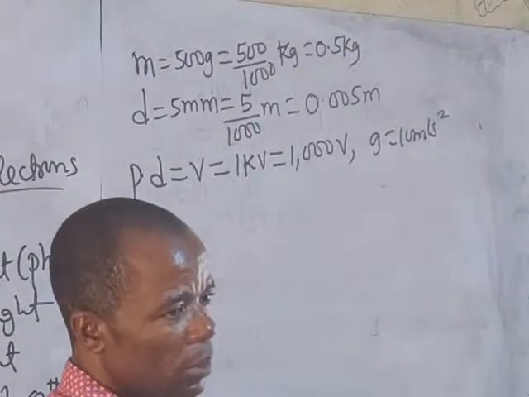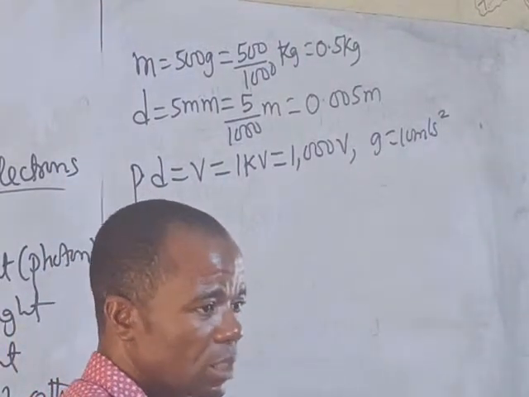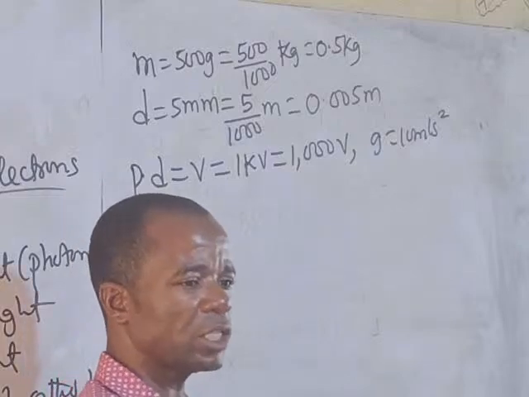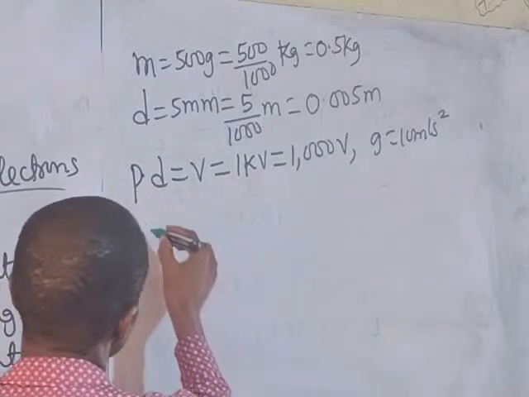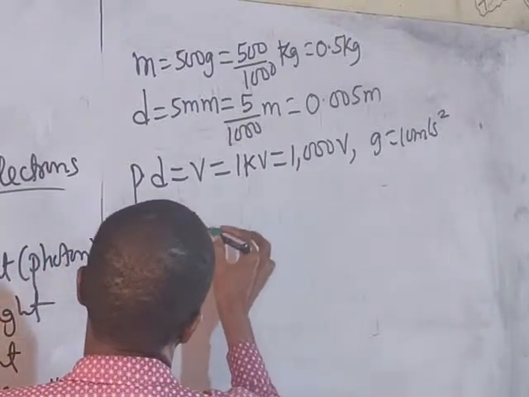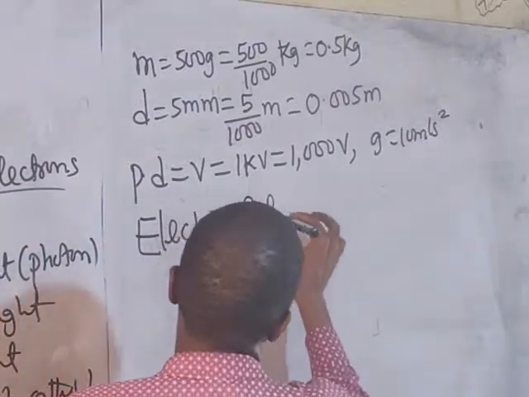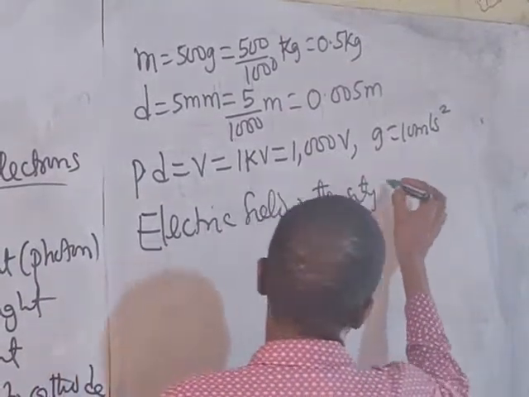Now, remember that there is something called electric field intensity, because any charge experiences that particular intensity. For example, electric field intensity E actually has two formulas.